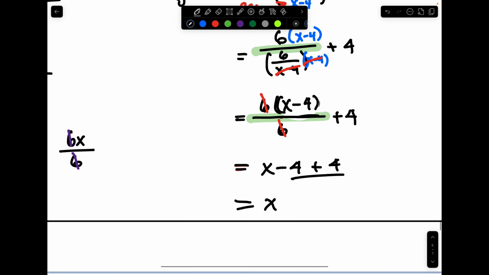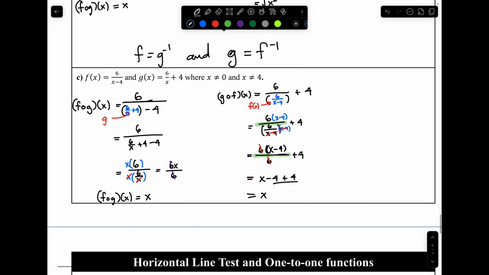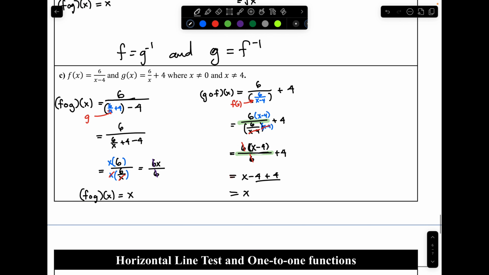So you see, yet again, the composition resulted in the identity, regardless of the order of the composition of how we substituted this. We both ended up with the identity x. So again, that means that these two things are inverses of each other. So again, given that we have two equations and we want to compare and determine if these things are inverses, we don't have to create the inverse and see if it matches up to the other function.